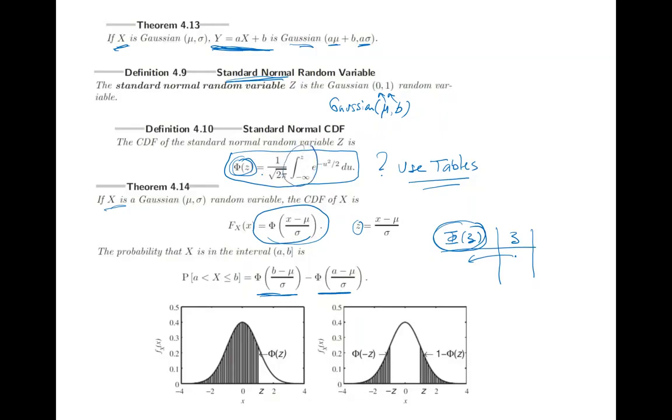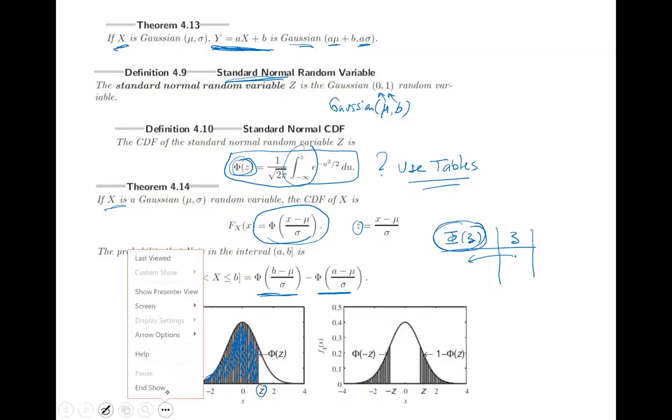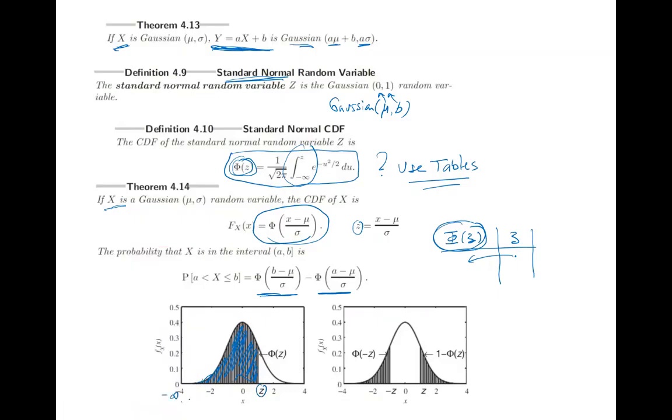And how do we read this phi of z? It simply determines the values from minus infinity to x. So phi z simply gives us the area of the Gaussian PDF from minus infinity to z.